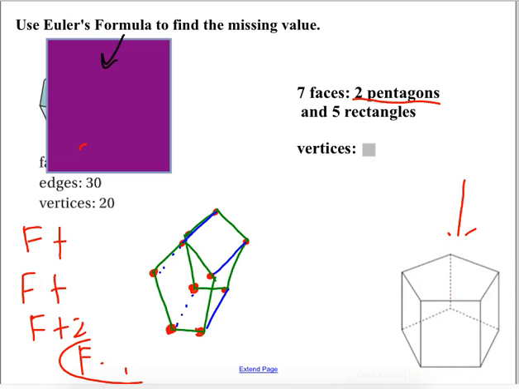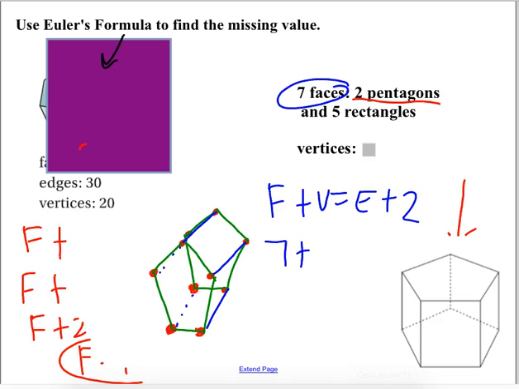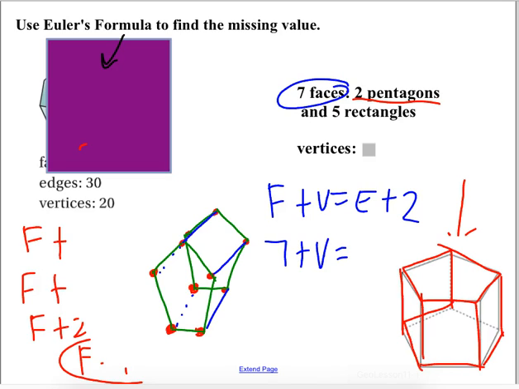All right, now let's use our formula here. So I have faces plus vertices equals edges plus 2. So I know I have a total of 7 faces. Now let's count out, we're looking for vertices, even though now we can figure it out. And edges, I have 1, 2, 3, 4, 5, 6, 7, 8, 9, 10, 11, 12, 13, 14, 15. 15 plus 2. 7 plus vertices equals 17.